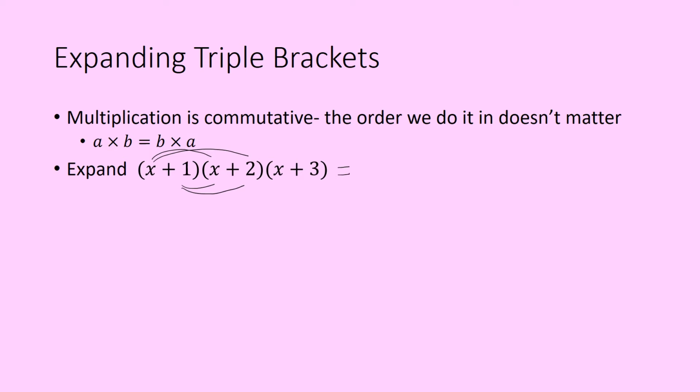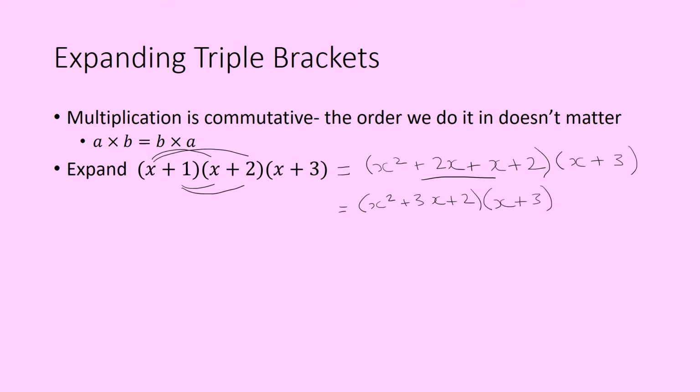So we've got x squared plus 2x plus x plus 2, and that's still multiplied by x plus 3. Collect these like terms to make things simpler: x squared plus 3x plus 2, in brackets, times x plus 3.